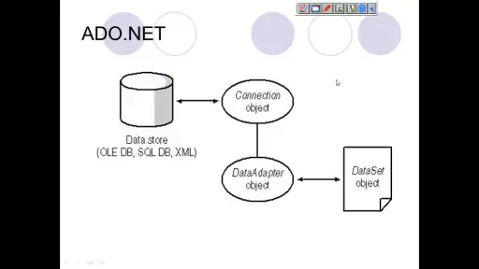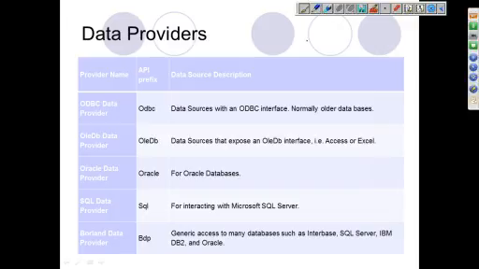These are the different data providers used in ADO.NET, based on the data source we are using and the protocol that data source uses. There is ODBC, which is for the older databases, to establish connections to older databases. OLEDB, if we are using MS Access or Microsoft Excel, we can use the OLEDB provider. If we are using Oracle as a database, we use the Oracle data provider. Then there is the SQL data provider, which is for us. If we are using SQL Server, this is the provider we want to focus on.